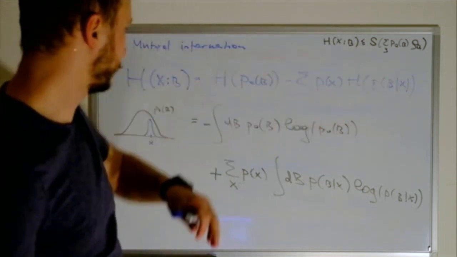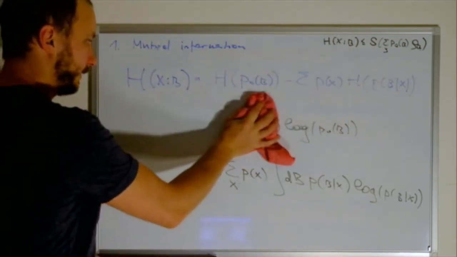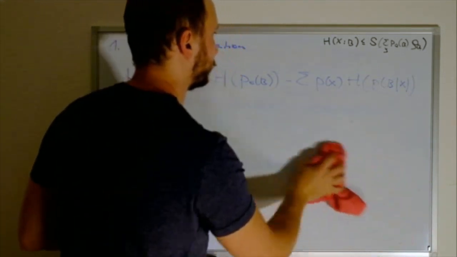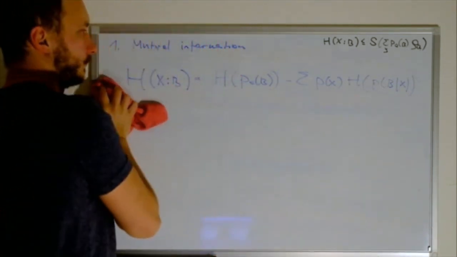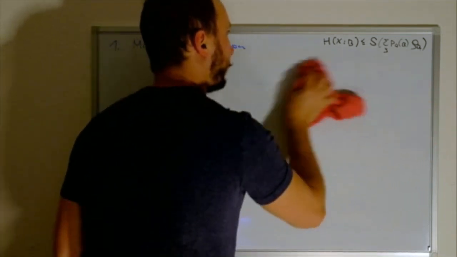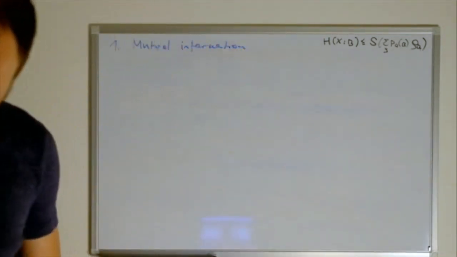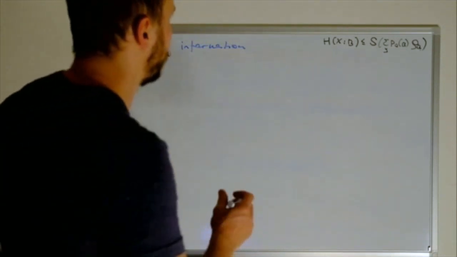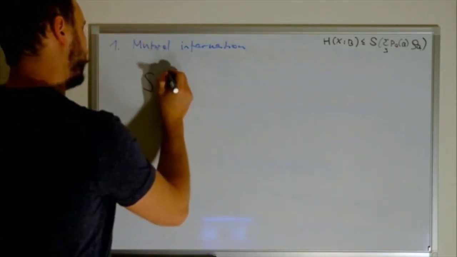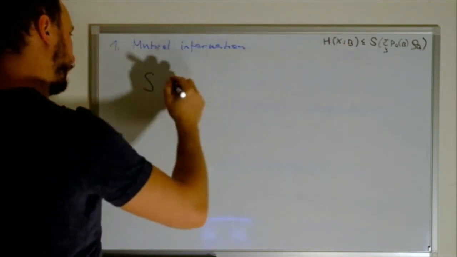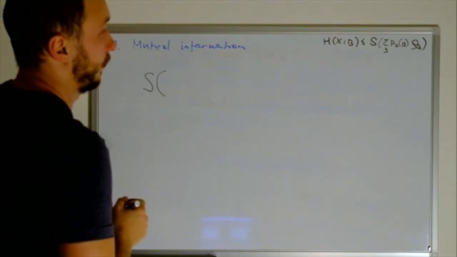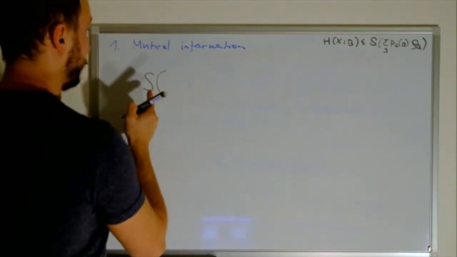Now, what about the right-hand side of the Holevo bound? For the right-hand side, what we get is the entropy. How much information Bob learns by observing X is bounded by this thing.